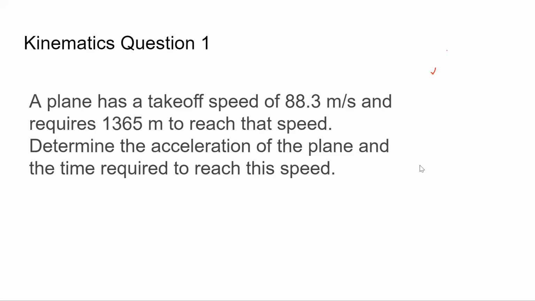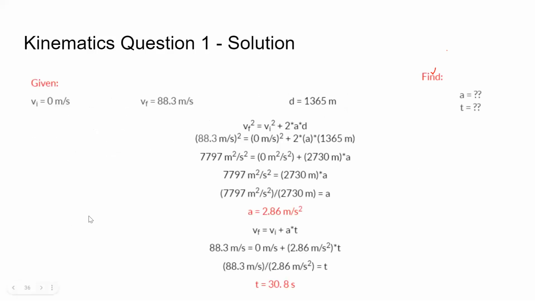Okay, and now we'll take up the answer. So in this question, we were given the information that the initial velocity is 0 meters per second. The final velocity is 88.3 meters per second, which is the takeoff speed. And then the distance, or the change in position, that we have is 1,365 meters. And then we have to find the acceleration as well as the change in time.